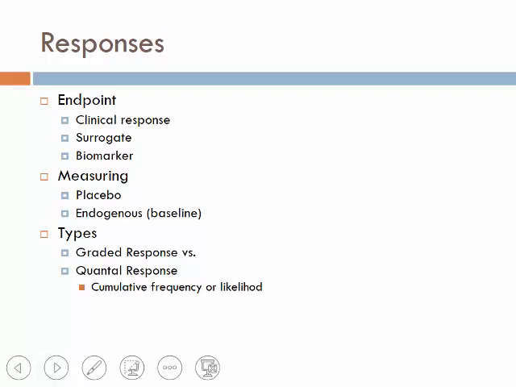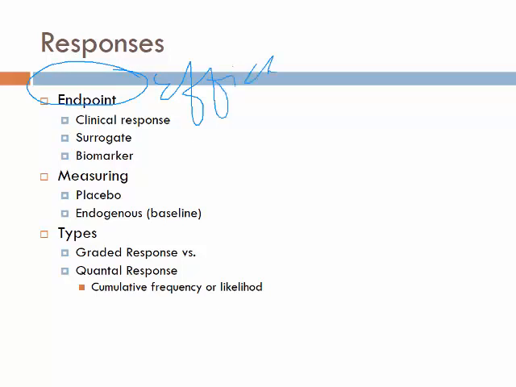So different responses we could see. We can see that there's some sort of endpoint that we're trying to go for, like a clinical response, maybe a surrogate for that we could be measuring. So these are different things that we might be measuring to determine if the drug is efficacious, right? We could be looking for a certain clinical response, like the lowering of a temperature or signs and symptoms resolving.